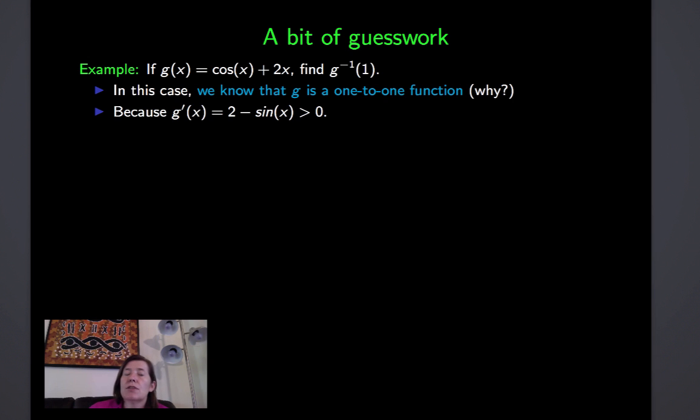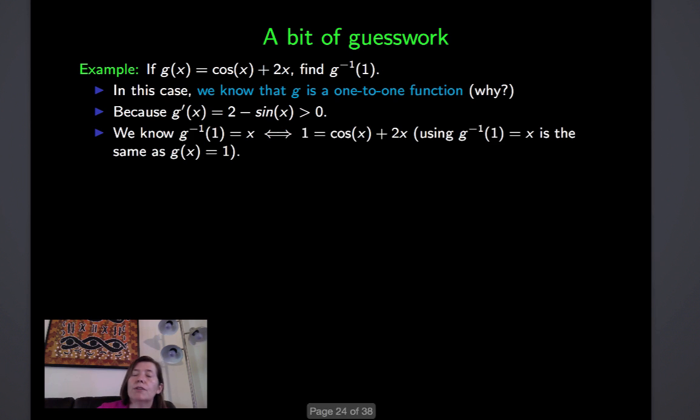And the reason is, if I take the derivative, g prime of x, its domain is all possible values of x, and its derivative is 2 minus sine of x, and that function is always positive. The reason for that is because sine of x is always between -1 and 1, so 2 minus sine of x is always greater than 0.